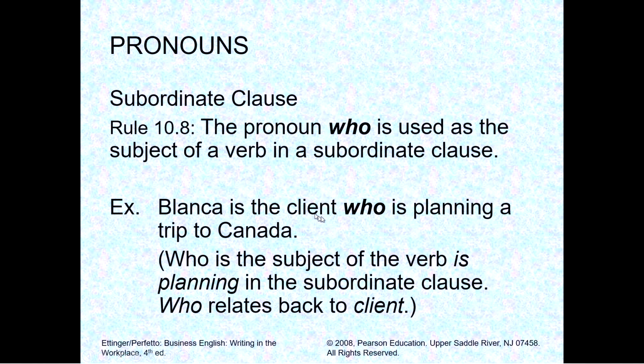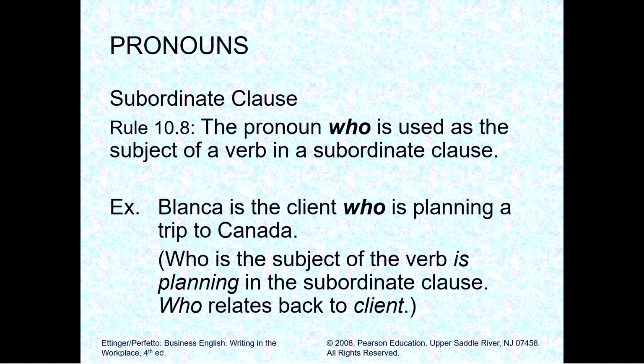Then you've got who is planning a trip to Canada. This is the subordinate clause. Who is planning? Who is Blanca? Blanca is the client. And what's going on? Who is planning a trip to Canada? Who is the subject of the verb is planning in the subordinate clause. Who relates back to the client, and client relates back to Blanca.